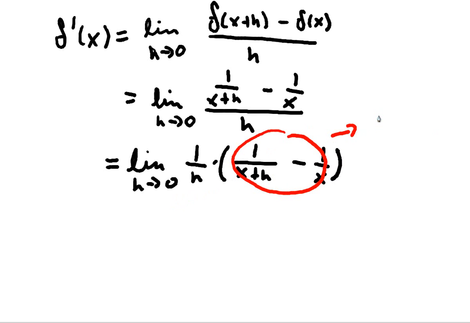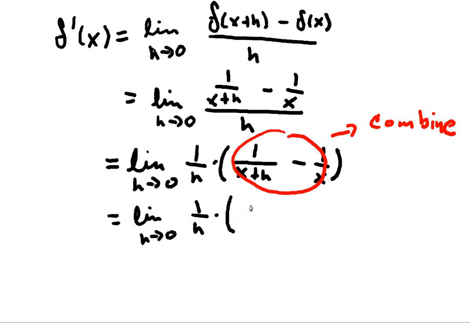Now, the next step here is that we have to combine these two fractions. By combining, I mean, of course, using algebra. We're subtracting, so you have to find the greatest common factor to get the least common denominator.